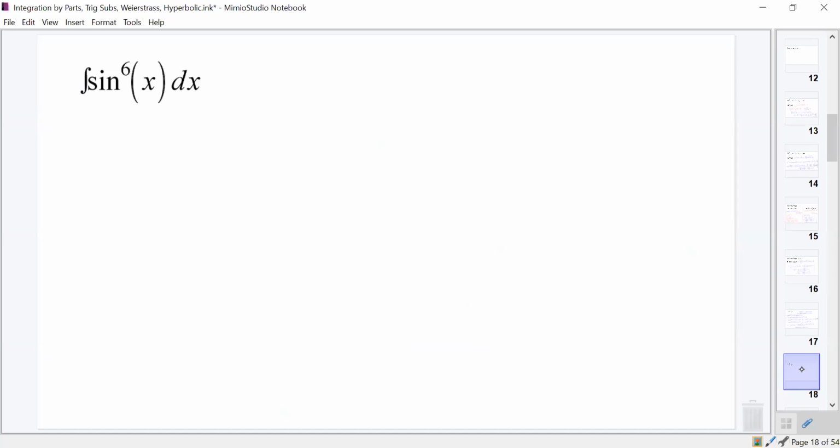So the formula says sine to the n, in our case sine to the 6th, should equal negative cosine x sine to the n minus 1 of x, all divided by n, so 6, plus our n minus 1, which is 6 minus 1, or 5, divided by n, times the integral of sine to the 4th of x dx. Everybody good with that so far?